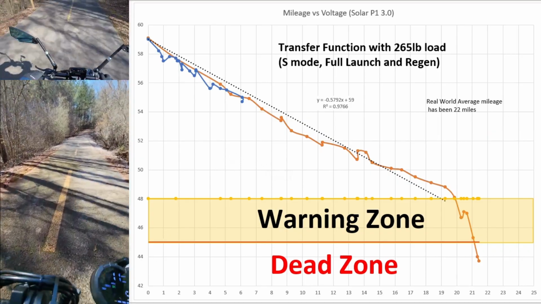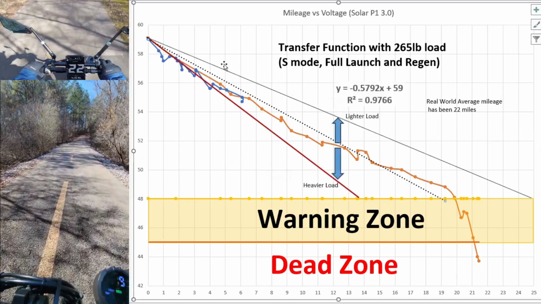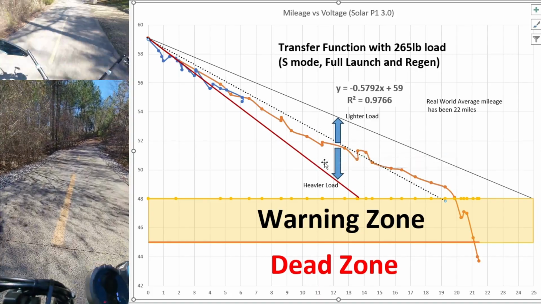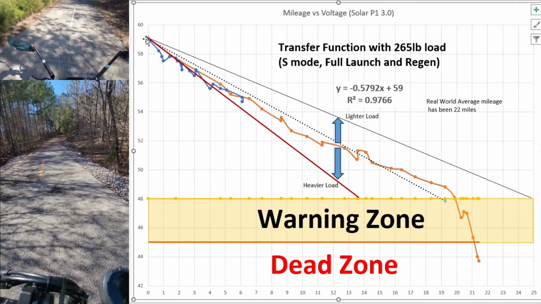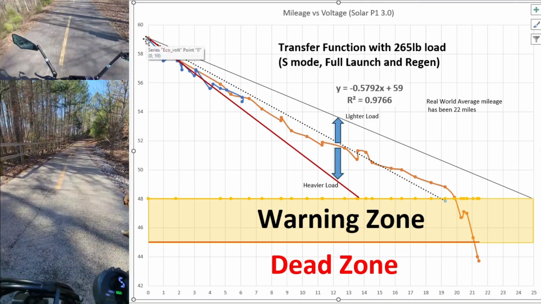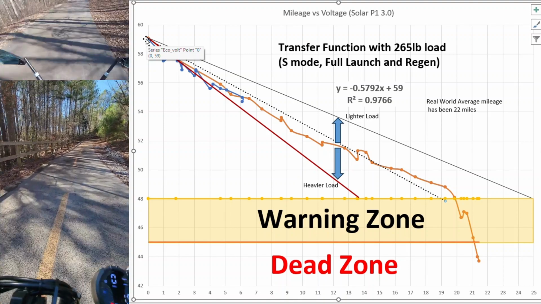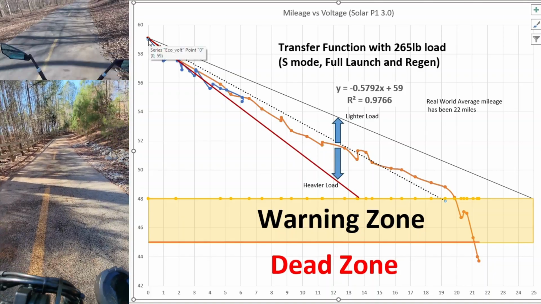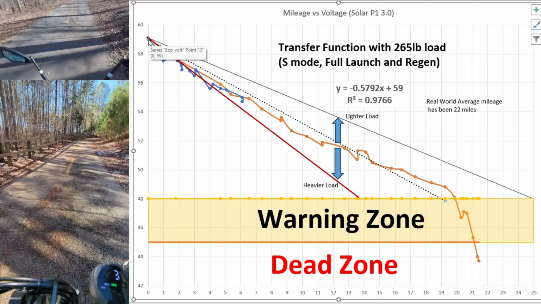So how can this help somebody else? Well, everyone is going to start at the same point. You're going to get fully charged, 59 volts on the scooter. There will be some variation scooter to scooter, but basically you're all going to start from about the same point.